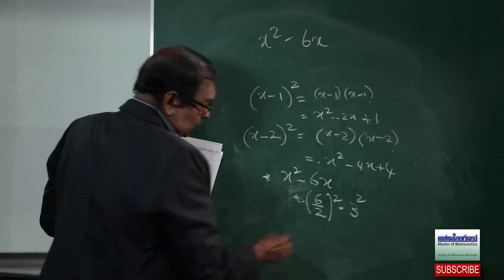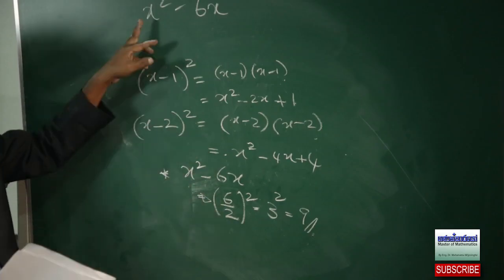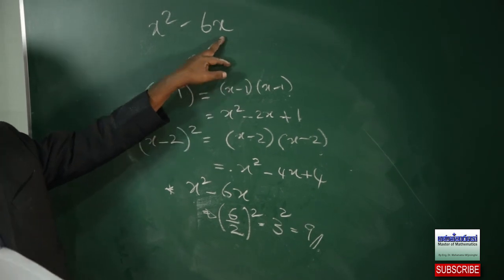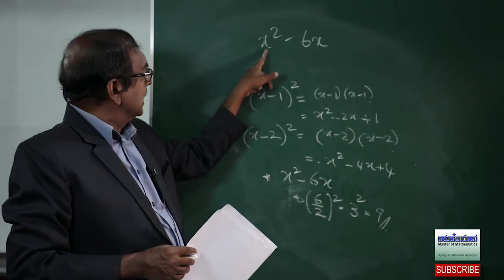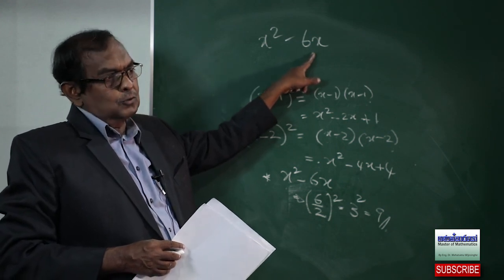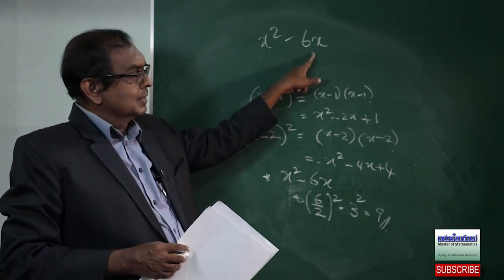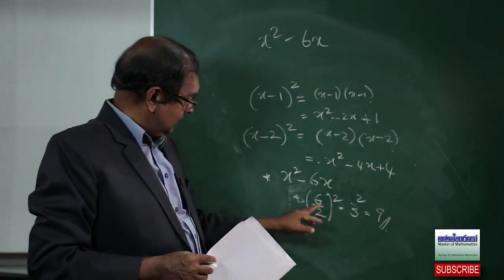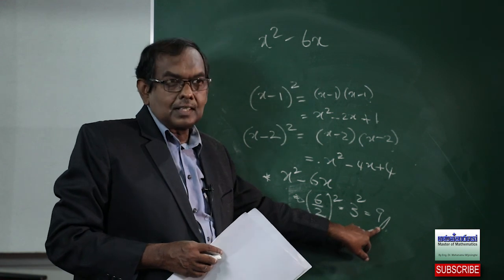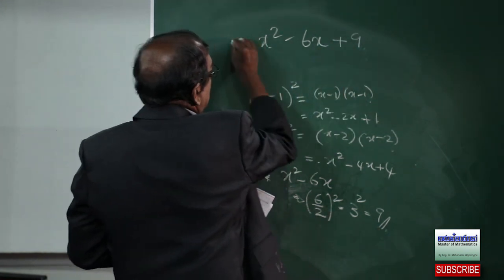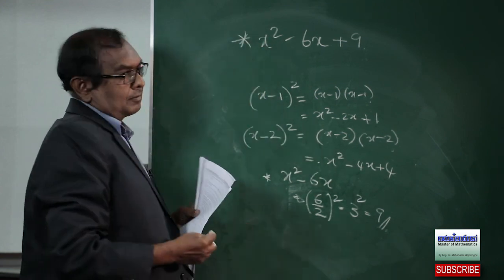Square of 3 means 3 into 3, 9. This is our question. x squared minus 6x. To convert this value to a perfect square, what is the constant we have to add? 9. We can directly get that constant value 9.